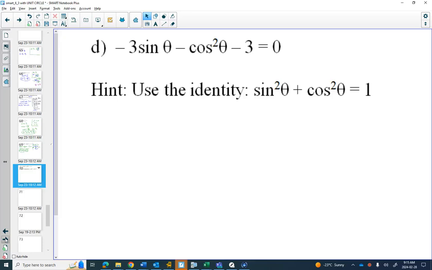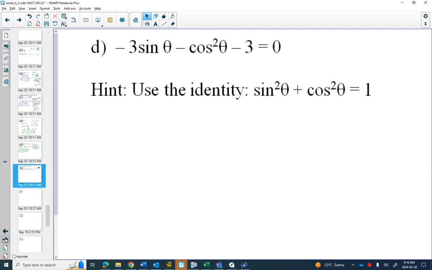In order to solve with two variables, you need two equations, and remember substitution and elimination? In questions like this, they won't give you the second equation because the second equation is one of your big ideas. You know that sine squared theta plus cos squared theta equals 1.